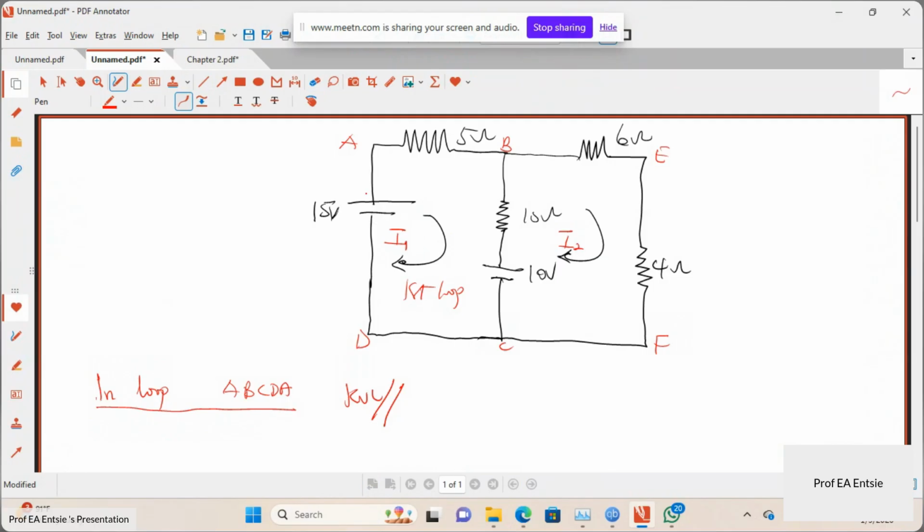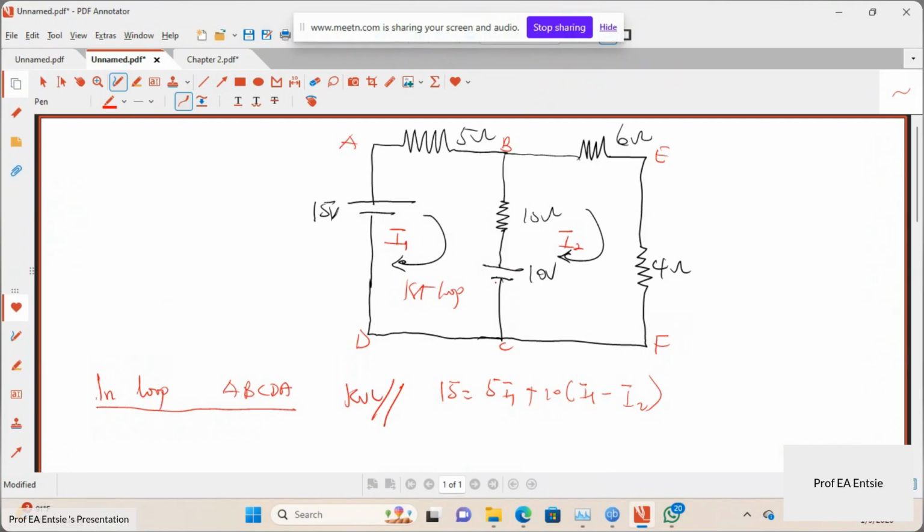The convention shows that it will be leaving out the positive terminal of the voltage source, so it will be 15 volts, equals the voltage drop across this 5 ohms, that would be 5 times I1, plus the voltage drop across this 10 ohms, that would be plus 10 times I1 minus I2.